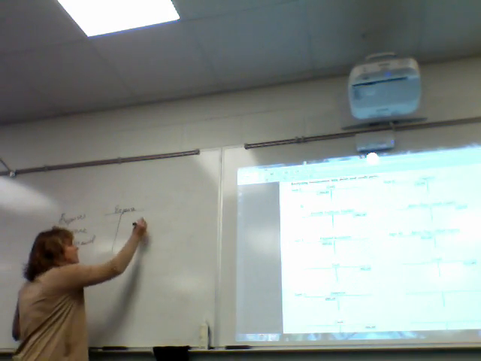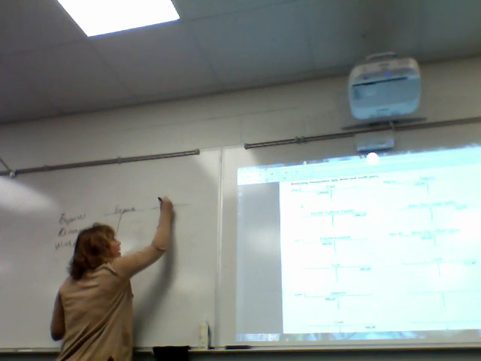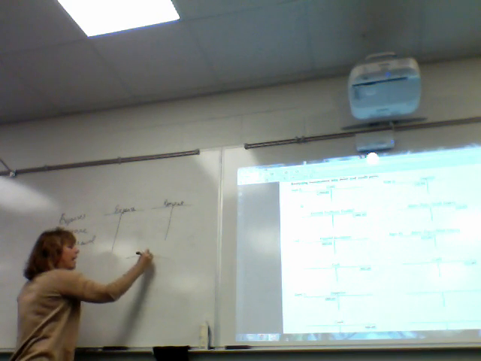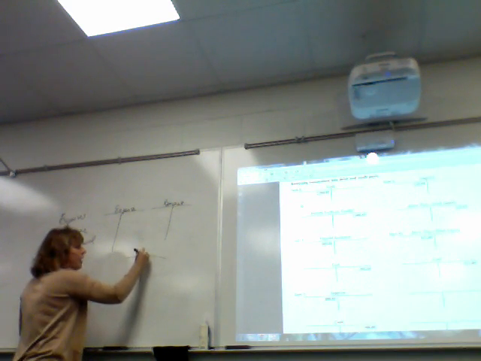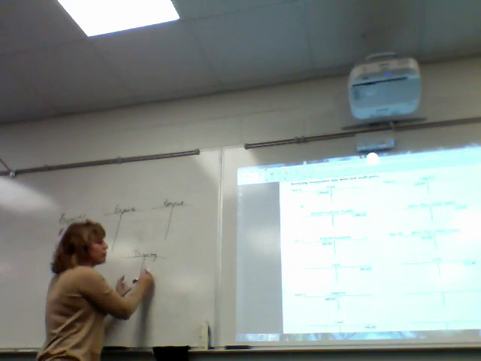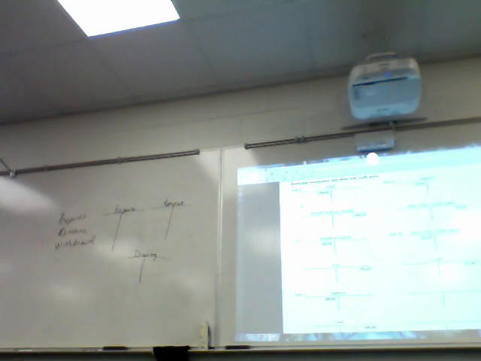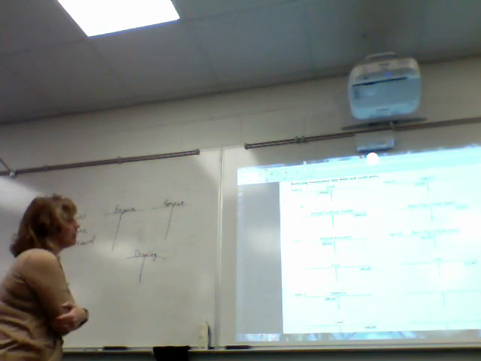So we're going to have other accounts. We're going to have expense accounts. We're going to have revenue accounts. And we're going to have what's called a drawing account. However, drawing is kind of a subset of capital because we don't do it that often. We're going to make its own account, however. All right?